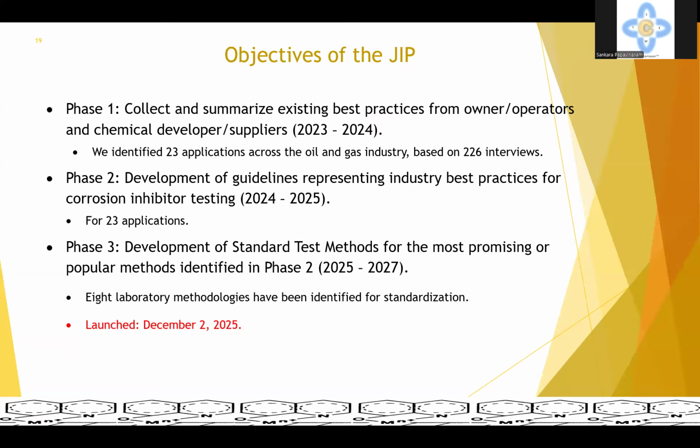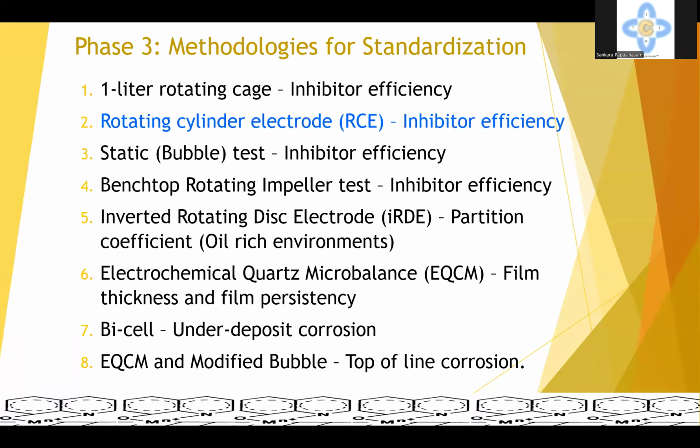So there are 23 reports submitted to the sponsors. Based on phase 1 and phase 2, we identified 8 laboratory methodologies that need standardization. That is the focus of phase 3, which was kickstarted yesterday. The 8 methodologies are listed here.